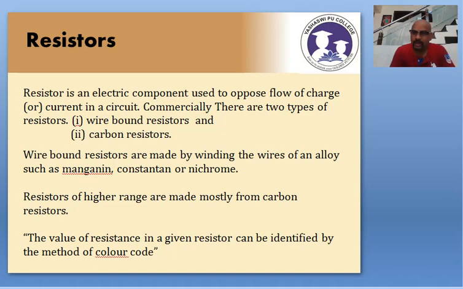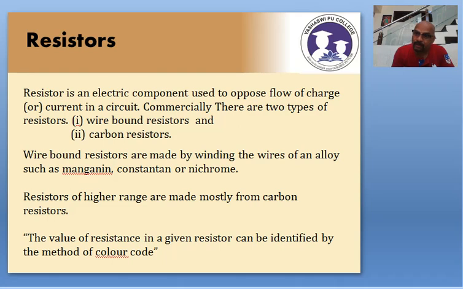Now, as I told you, these carbon resistors are very small in size. Because they are very small in size, the value of the resistance of the carbon resistor cannot be printed on it.